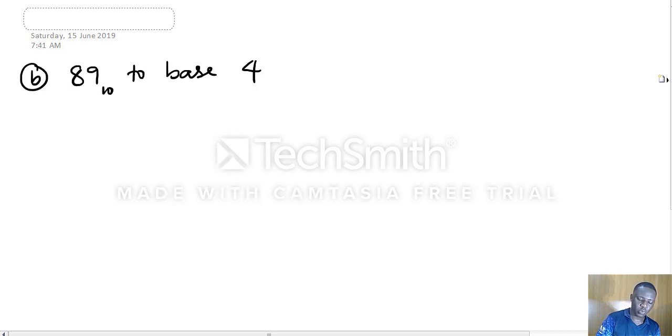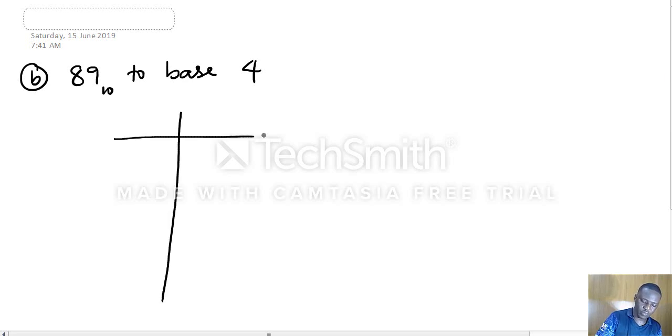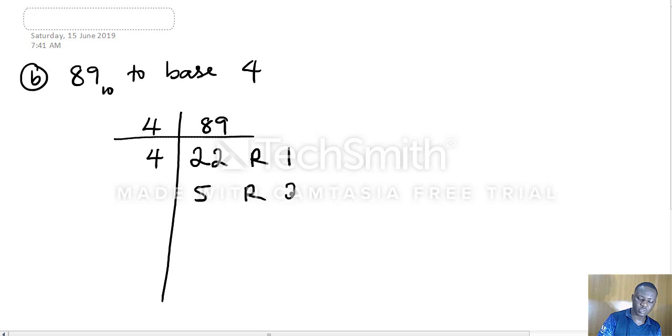Also, we have 89 base 10 to be converted to base 4. You also divide 89 by 4. 4 into 8 is 2, remainder 0. 4 into 9 is 2, remainder 1. Divide by 4 again. 22 divided by 4 is 5, remainder 2.